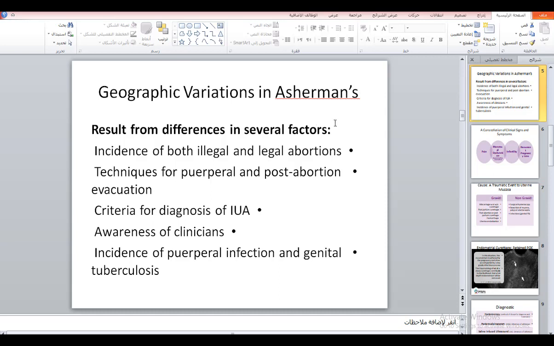Geographic variation results from differences in several factors: incidence of both illegal and legal abortion, technique for peripartum and post-abortion evacuation, criteria for diagnosis of intrauterine adhesion, awareness of the clinician, incidence of peripartum infection, and genital tuberculosis.